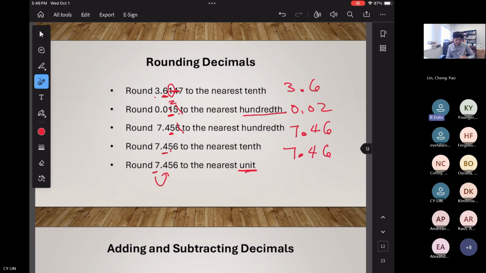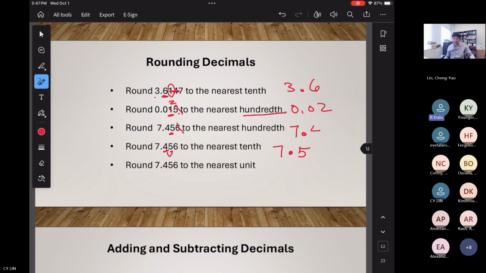I'm sorry, for the problem before that, shouldn't it be 7.5, because the nearest tenth? Yeah, you're good, that's right. We're using the nearest tenth right here, so we use this number to examine. So it's 7.5.